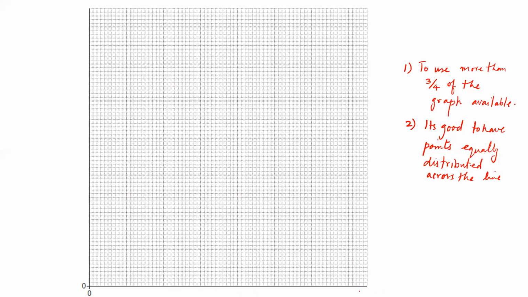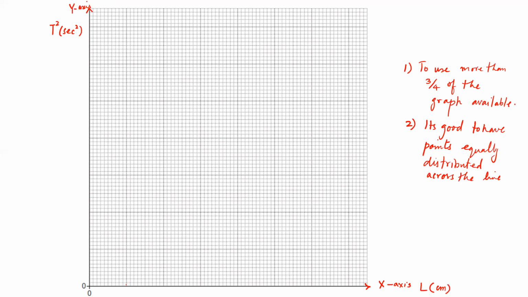On the x-axis, first of all, label it. This is my x-axis, and this is my y-axis. On the y-axis, the variable is T square, measured in seconds square. On the x-axis, we are using length, which is in centimeters.